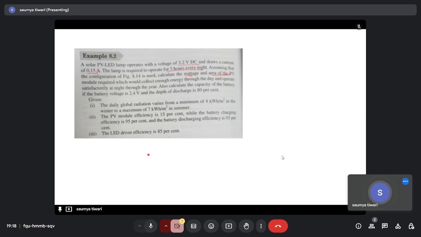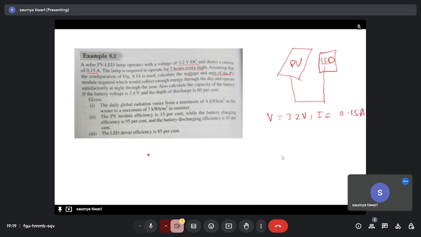Okay, let's see this question. Solar PV LED lamp system is there. So the voltage is given 3.2 volt and the current drawn is 0.15 ampere.